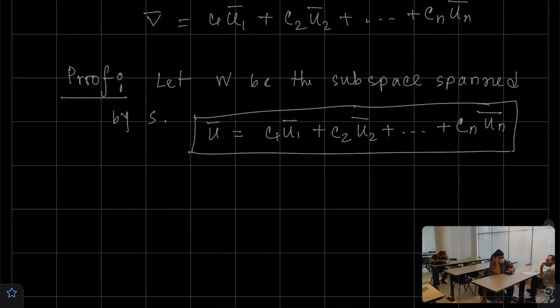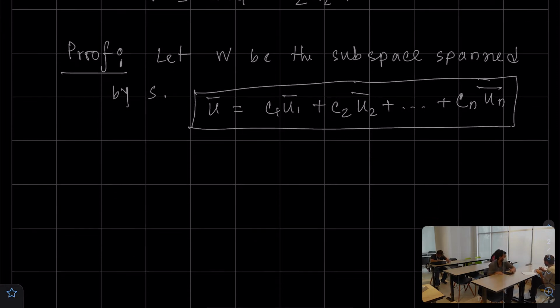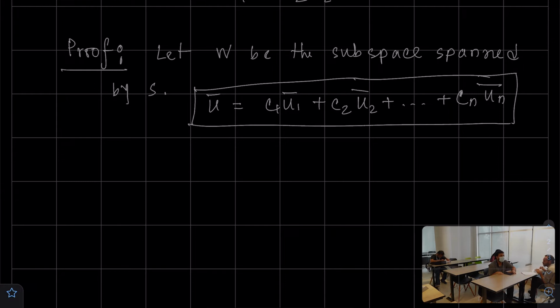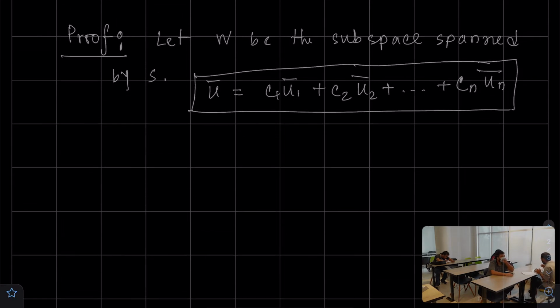Because C1 U1 is in W, and then we add C2 U2, that is also in W. Then by induction, we can show that it is in W. All these vectors U1, U2, Un are in W, so if you take the linear combination of all these vectors, it still stays in the vector space W. So all vectors of the form U equals C1 U1 plus C2 U2 plus dot dot Cn Un are still in W.